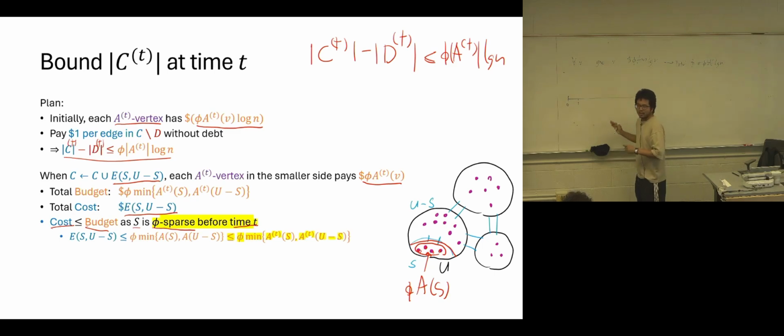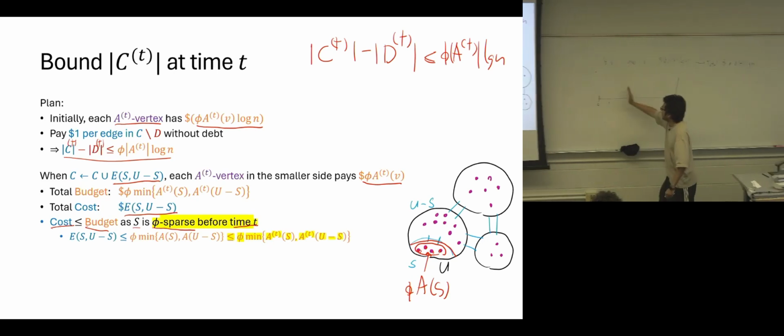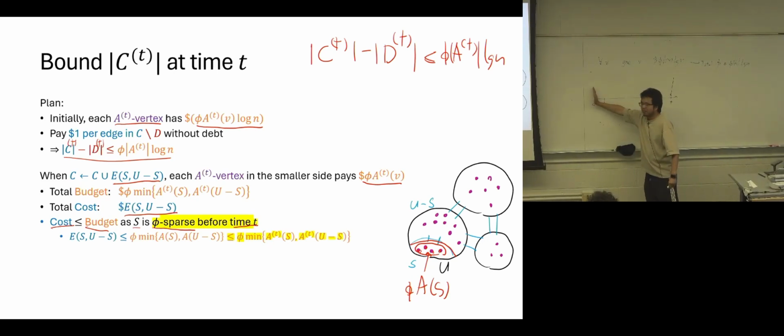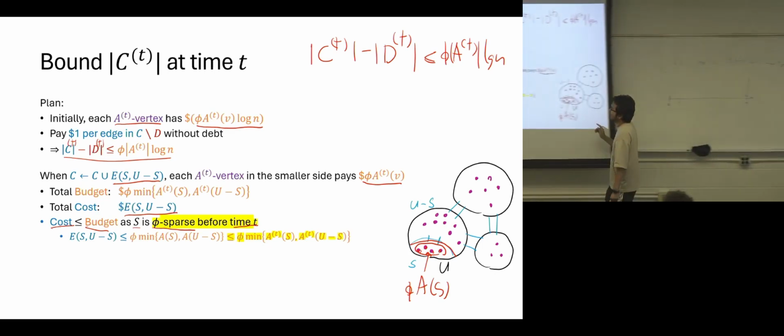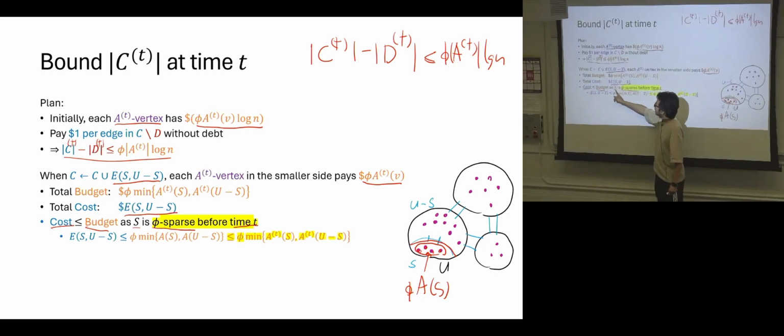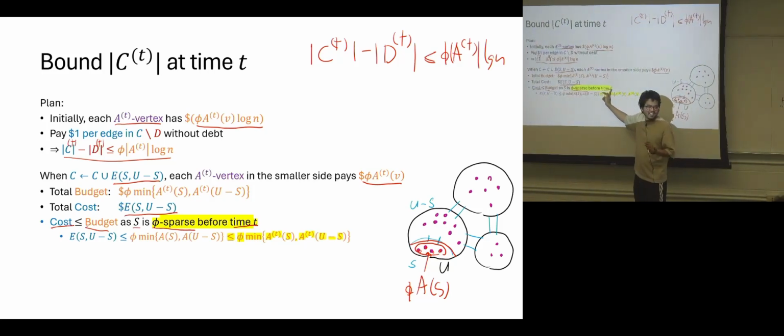You know what I mean? So I look at this time, and I imagine that we keep finding sparse cuts from time 0 up to this time. So the sparse cut S that we found is a sparse cut at some point before time t.